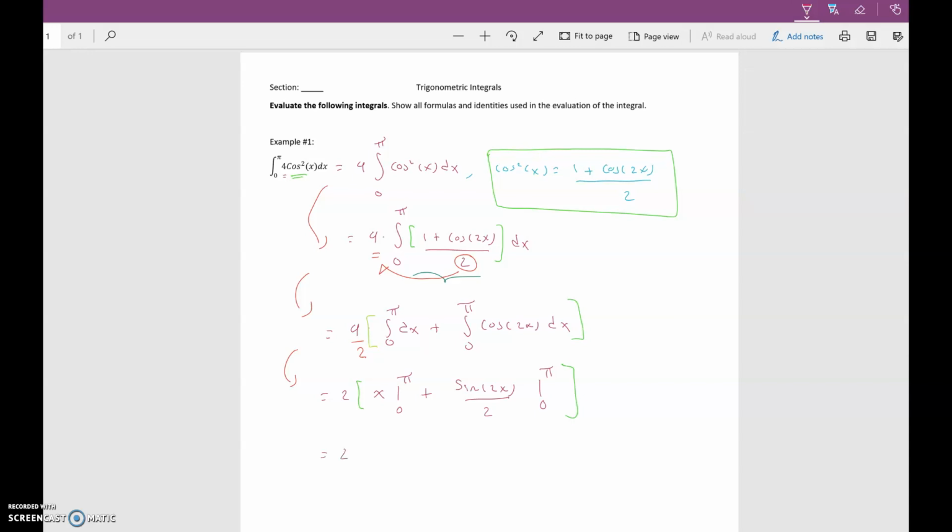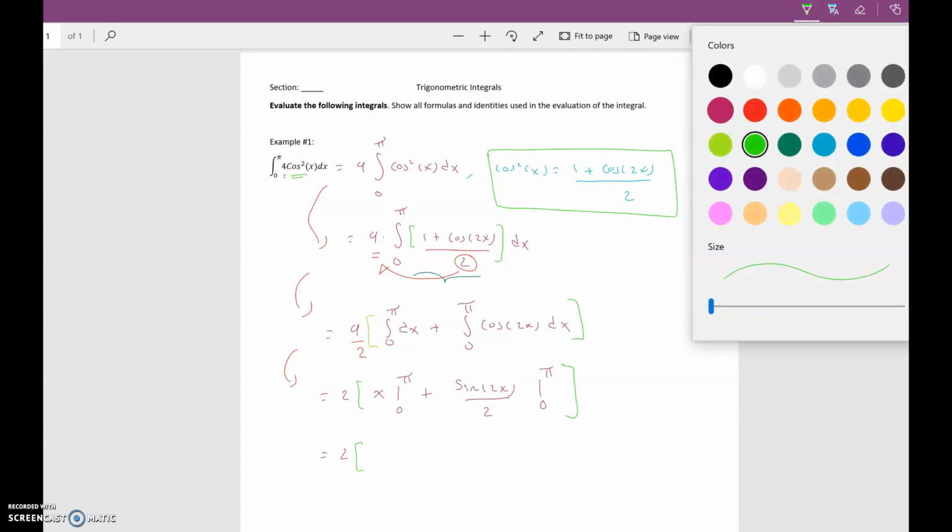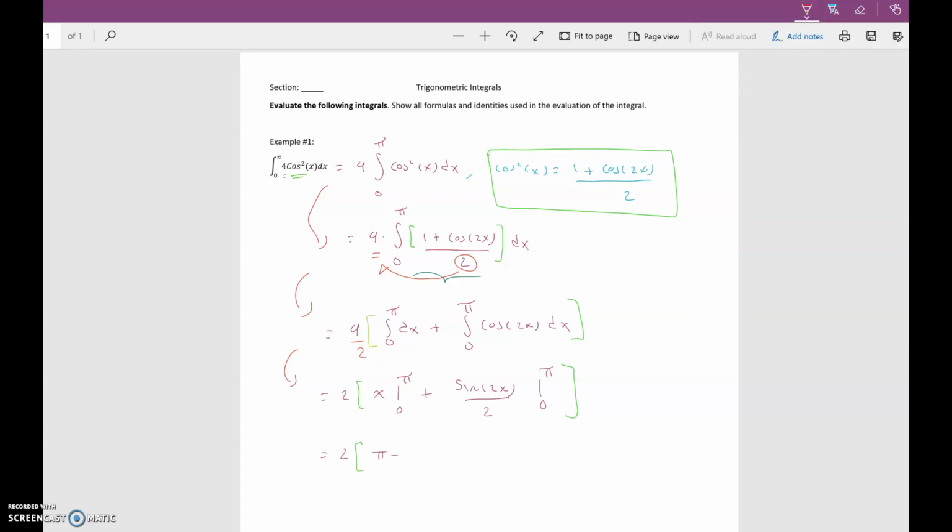And then in this case, this is going to be 2 times, evaluating pi minus 0 plus sine of 2 times pi over 2 minus the sine of 2 times 0 over 2. And this one's going to go to 0. This one's going to go to 0.